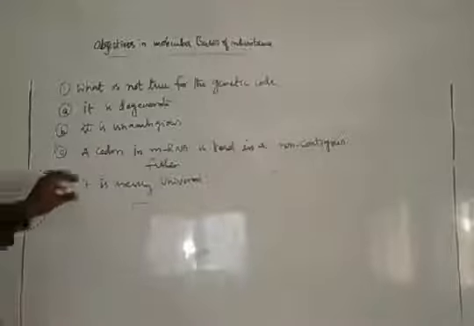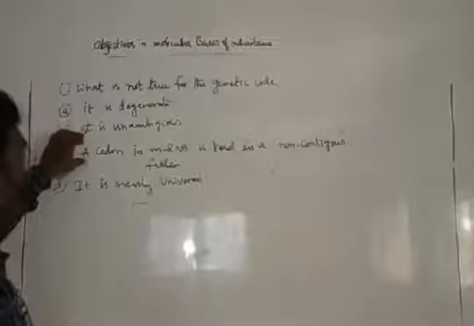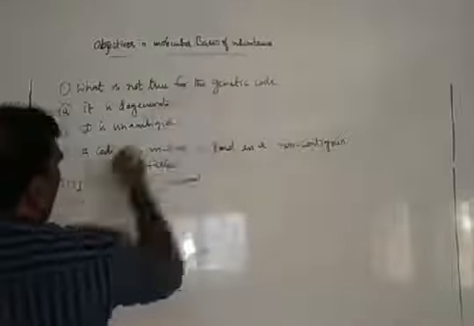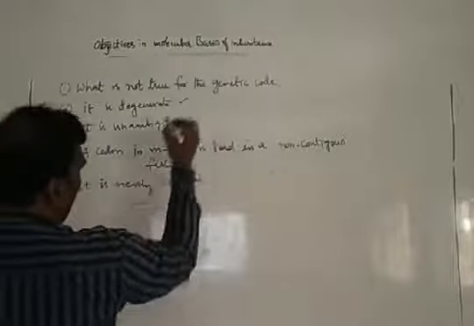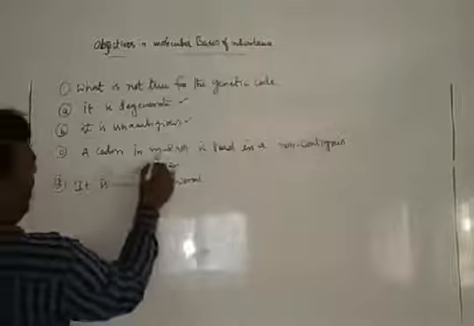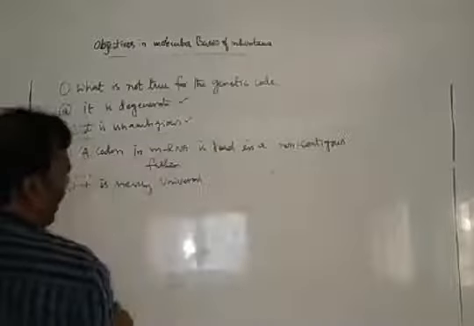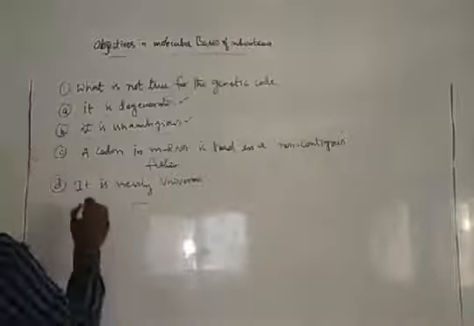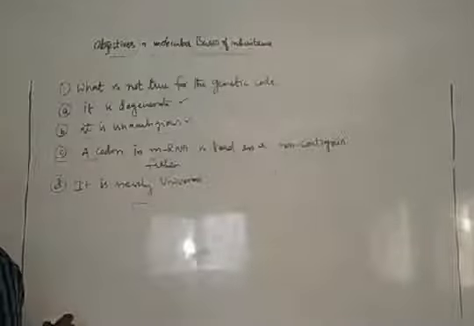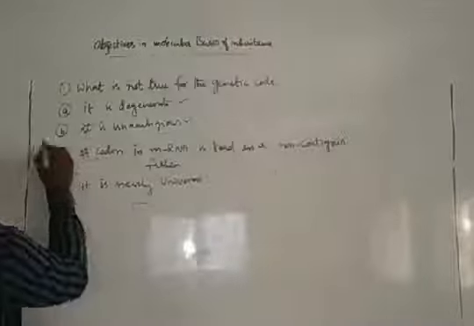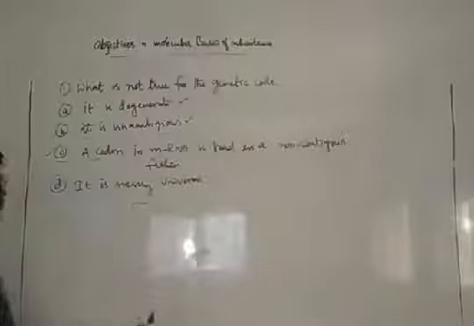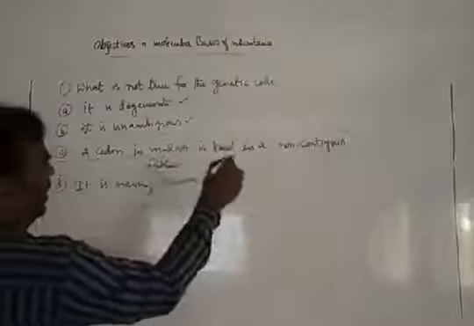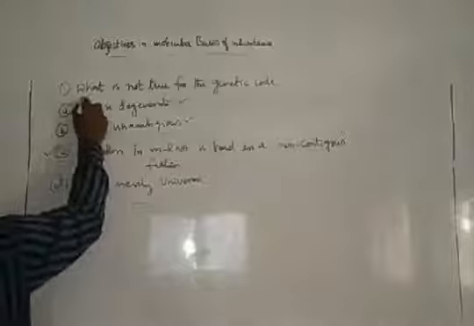Which is not a character of the genetic code? First, it is degenerate, which is a right characteristic. Then unambiguous is also right. A codon in mRNA read in a non-contiguous manner is not a character of the genetic code, so this is the right option. It is nearly universal; the genetic code is universal. So this is the right option regarding this question.